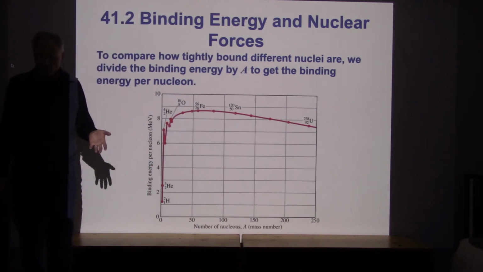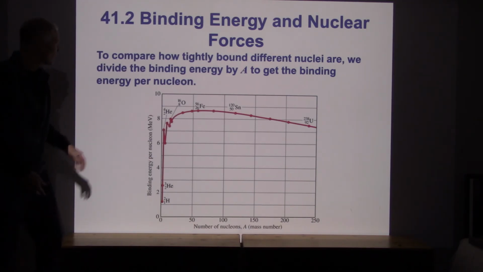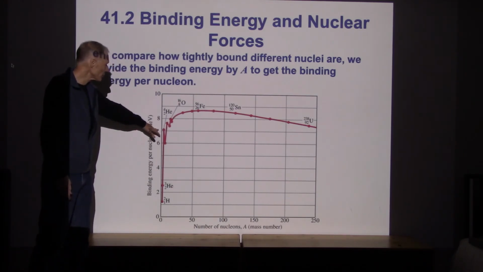If you're familiar with fusion reactions in stars, most of the star's lifetime is fusing hydrogen into helium. Our star, the sun, its energy source is from fusing hydrogen into helium. And you can see how stable helium is, so that's a huge amount of energy that's released.